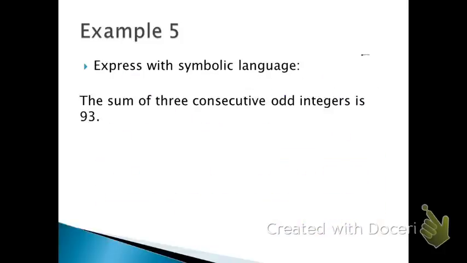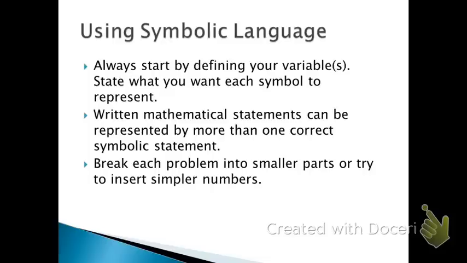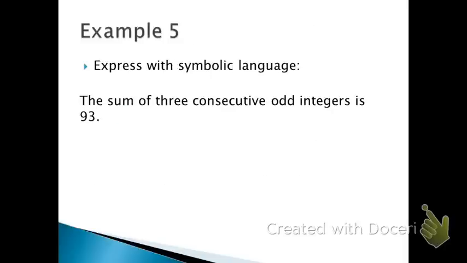All right, this one's similar, but how would we represent the sum of three consecutive odd integers? Okay, well, we want to let x be the first integer in the series.